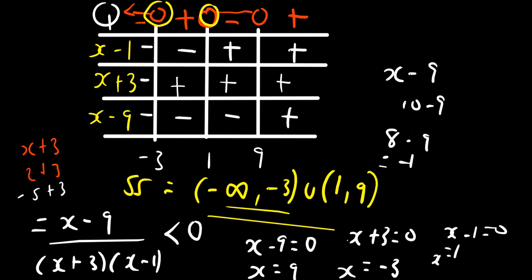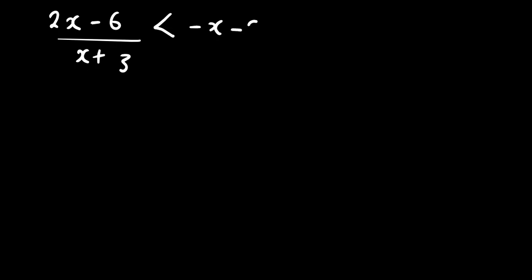Okay, let's solve the last question. What if you're given to solve the expression (2x minus 6) over (x plus 3) is less than negative x minus 2?